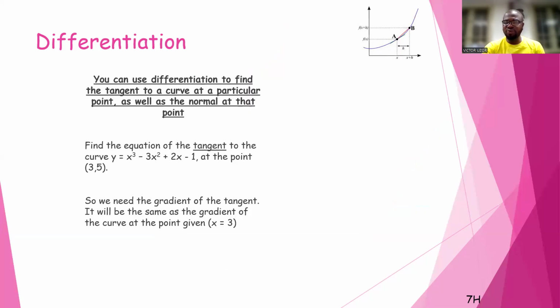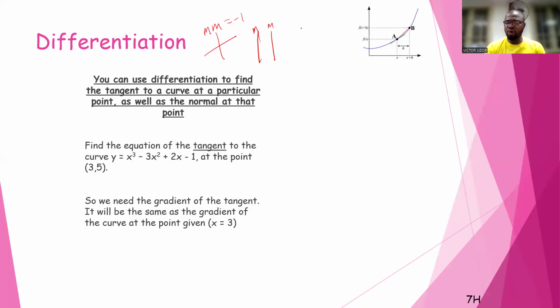So we need the gradient of the tangent. It will be the same as the gradient of the curve at that point. Because it's a tangent, let me explain this again. On straight lines, two parallel lines have the same gradient, and for perpendicular lines, the product of the two gradients will give you -1.